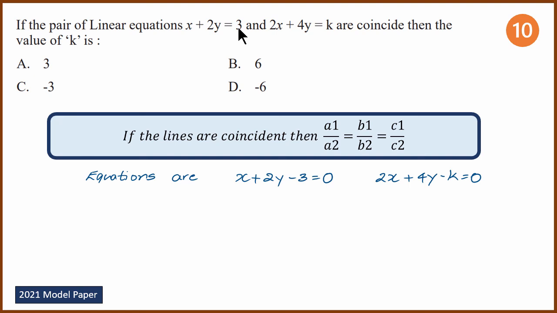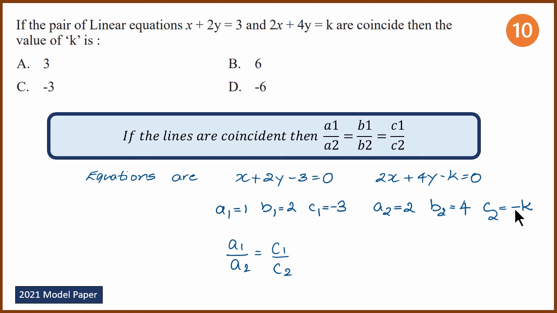In the standard form, RHS is always 0. In this case, it's not, so we move it to the left-hand side. Now we find the values of A1, A2, B1, B2, C1 and C2. A1 is 1, B1 is 2, C1 is minus 3, and 2, 4 and minus k.